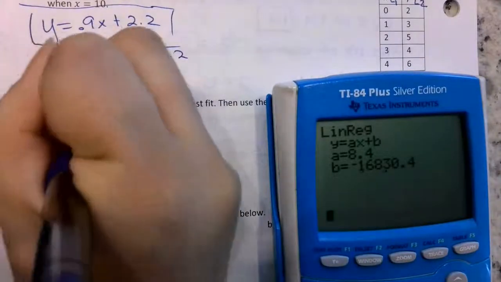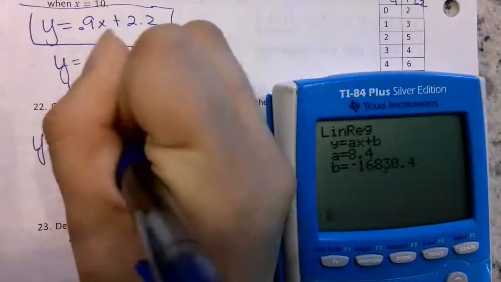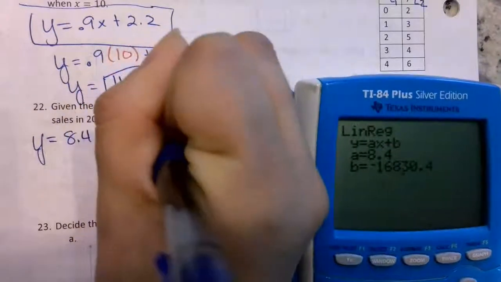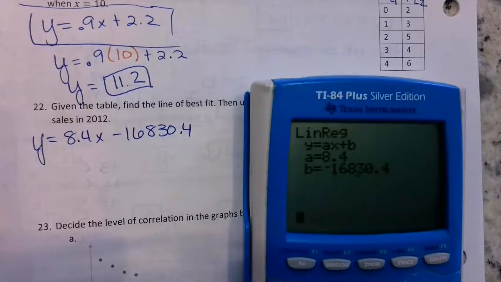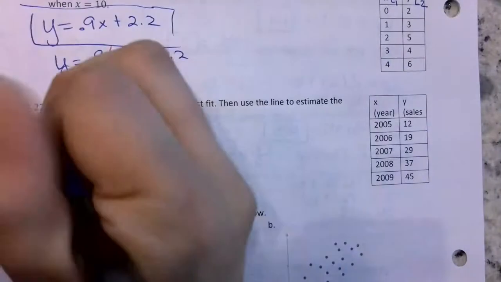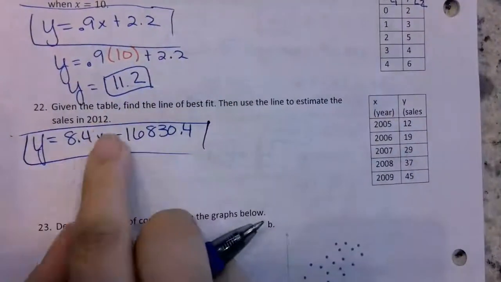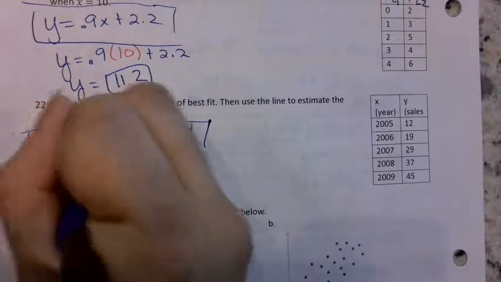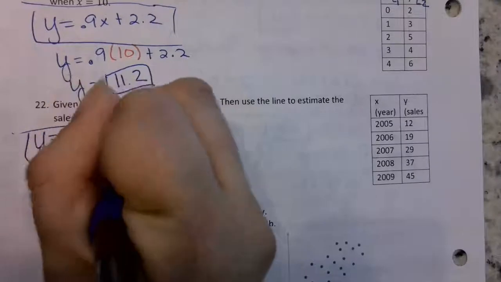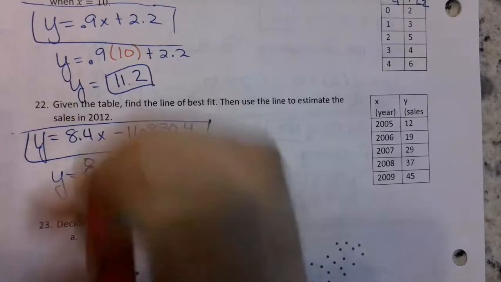I get y equals 8.4x minus 16,830.4. Since these were nice decimals, I'm going to keep them right where they rounded. So that's my first answer. Then it wants me to estimate the sales in 2012. So I'm going to plug in 2012 for my x value.